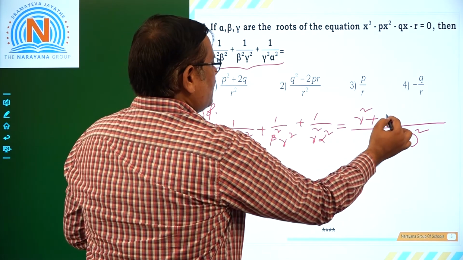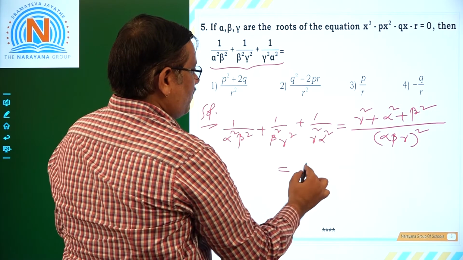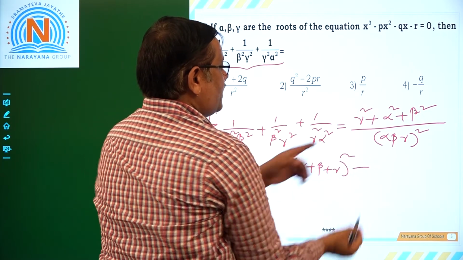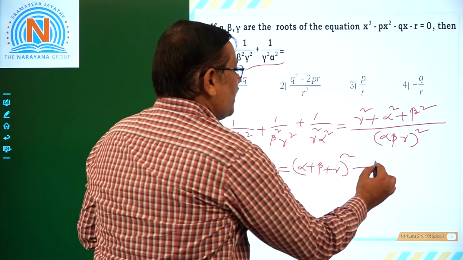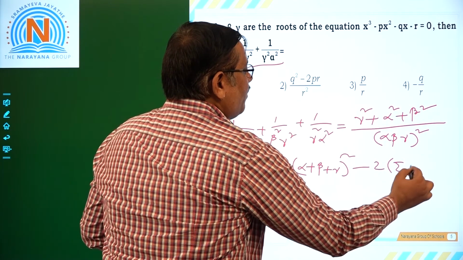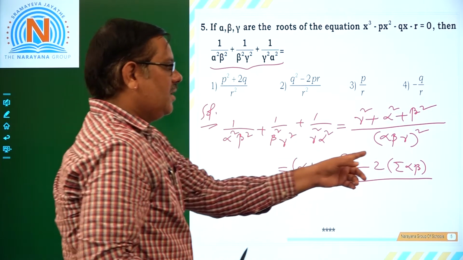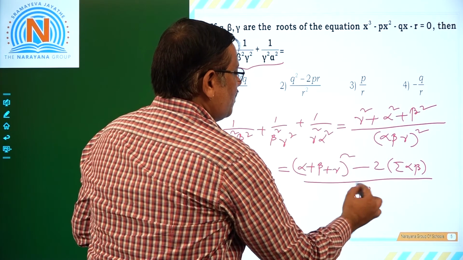Gamma square plus alpha square plus beta square. So that is nothing but alpha plus beta plus gamma whole square, because in the a square plus b square plus c square form it is a plus b plus c whole square minus 2 times alpha beta plus beta gamma plus gamma alpha, that is sigma alpha beta, all by alpha beta gamma whole square.